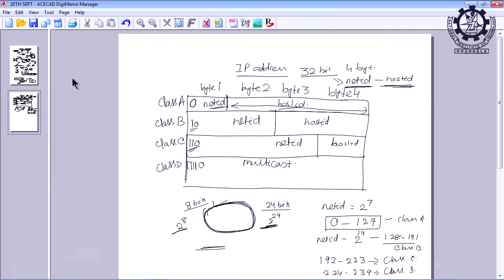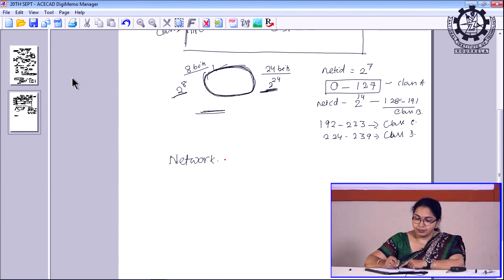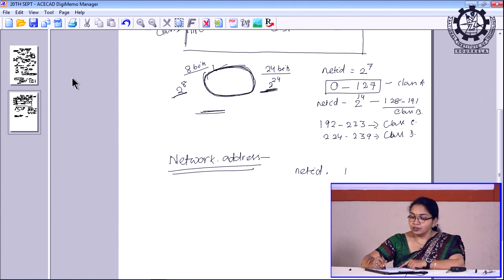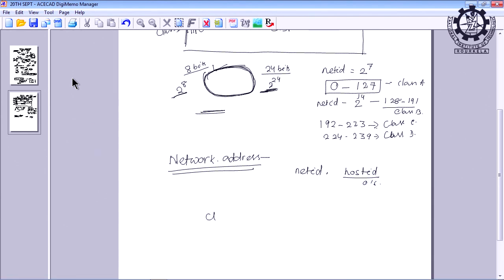One of them is an IP address that defines the network address. When I say an IP address that defines the network address, it means it has only the net ID and all the host ID will be equal to zeros. So, if I say I am using a class A network, in the class A network, any network will have the address, let us say 123, which is a class A address, followed by all zeros.